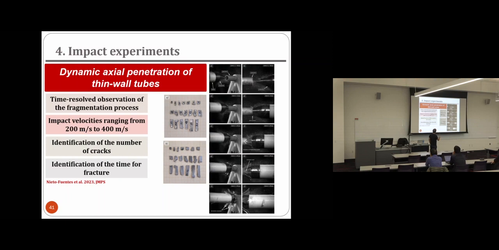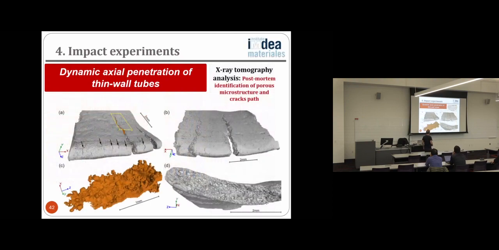Here you can see snapshots of the test taken with the two cameras, and it is very easy for us to count the number of fragments. The fragments were recovered, weighed, sized, and so on, to obtain the distribution of fragment sizes. And some of the fragments were also subjected to X-ray tomography analysis.